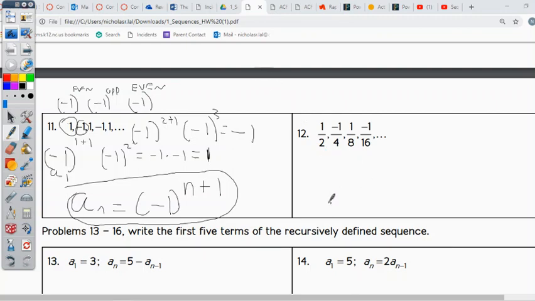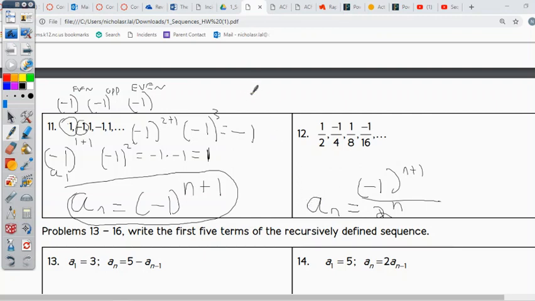Once again, Landon is correct. a_n is equal to negative 1 to the n plus 1 power all over 2 to the n. My bad. I misspoke.